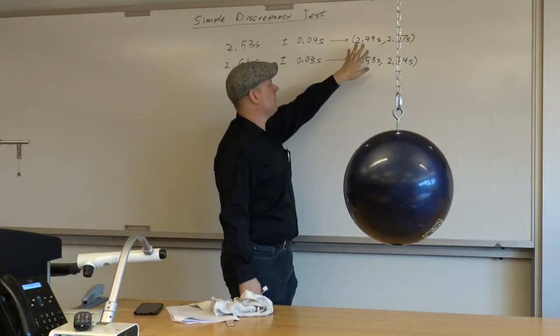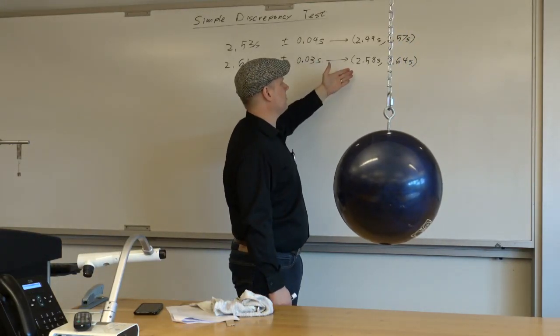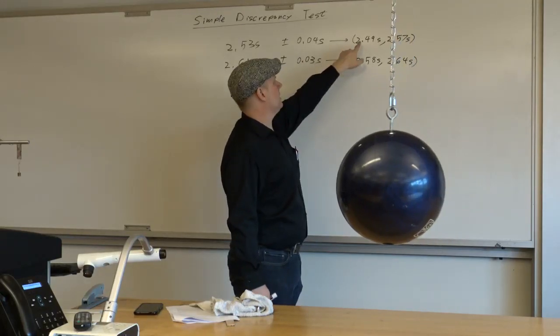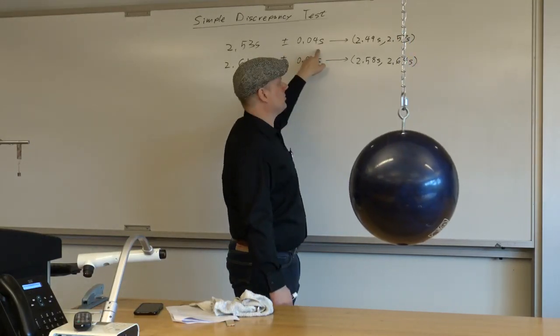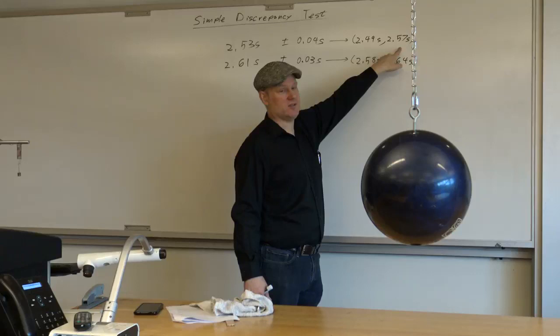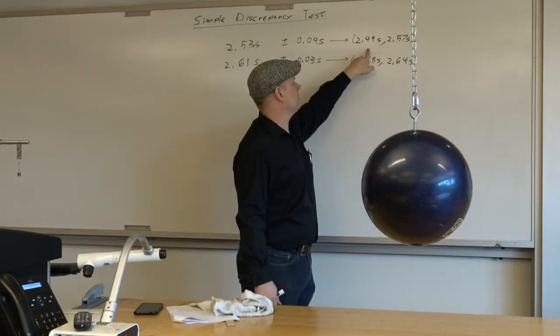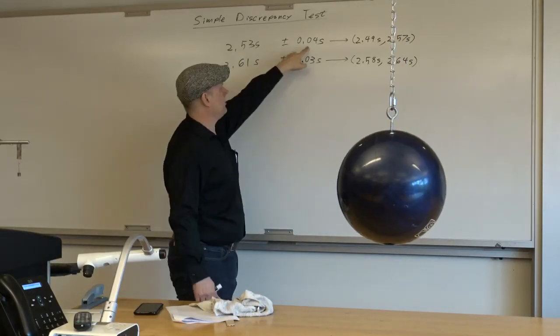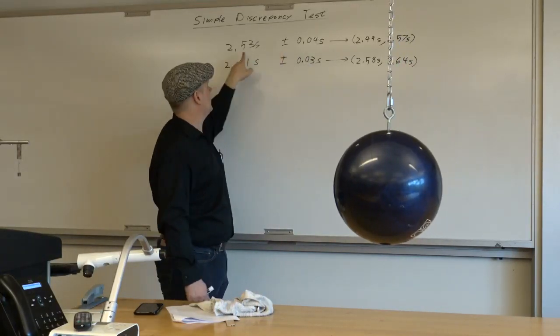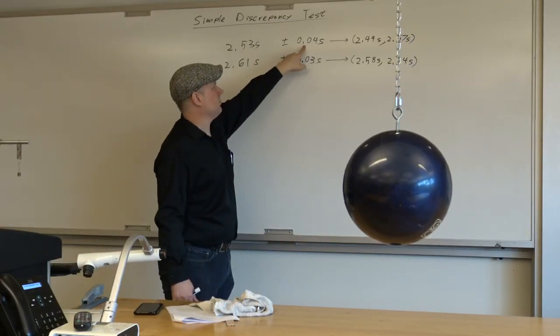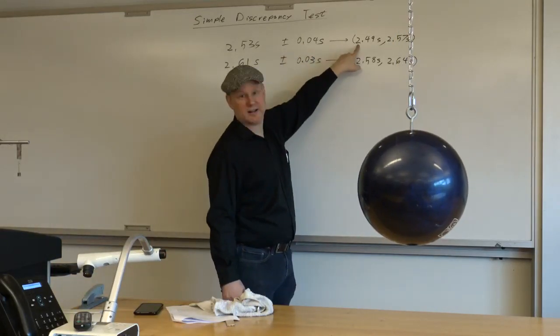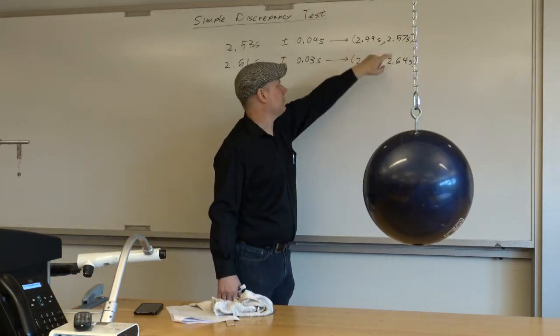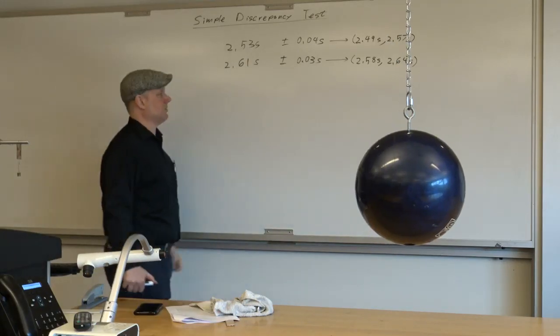So in this case, one simple way of looking at what the simple discrepancy test does is to rewrite the original measurements in interval notation. I'm hoping interval notation is familiar. In other words, a lower bound and an upper bound implied by these plus or minus numbers. So if I take 2.53 minus 0.04, if I did my subtraction correctly, that is 2.49. I've kept the units in there because this is a physics class and we do that.